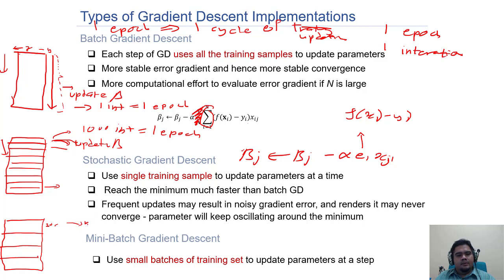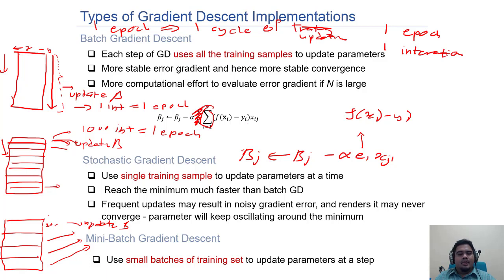This is the first update, and then this is the second update, third update, and this one is the fourth update. So at the end, this seems to be a combination of batch gradient descent and stochastic gradient descent. You are updating your beta a little earlier than batch, but a little later than stochastic gradient descent, because you have a small batch here. This is what we call a mini batch.